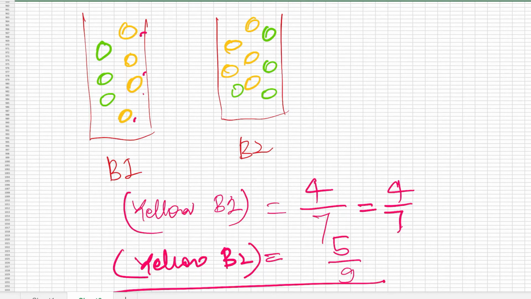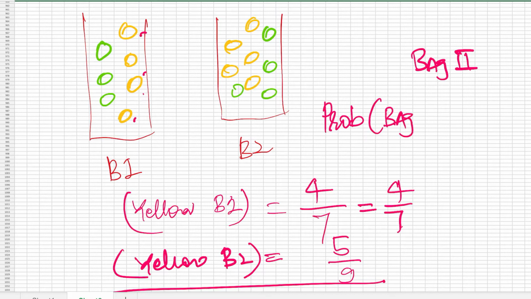But can we find the probability that the ball drawn is from a particular bag, say bag 2? What is the probability that a specific ball has been drawn from bag 2 if the color of the ball is given?